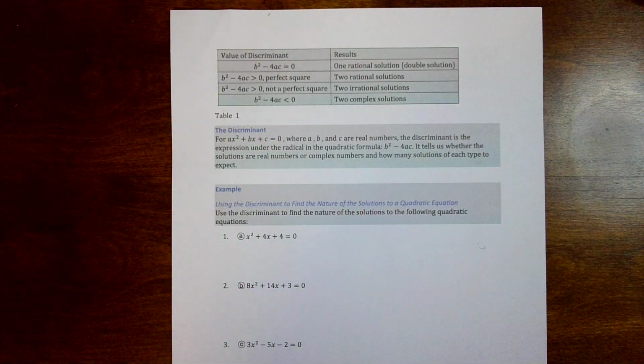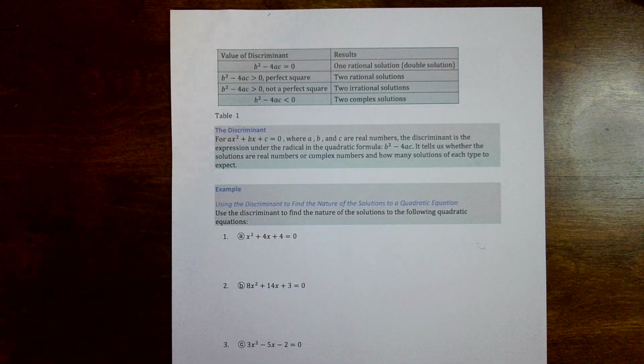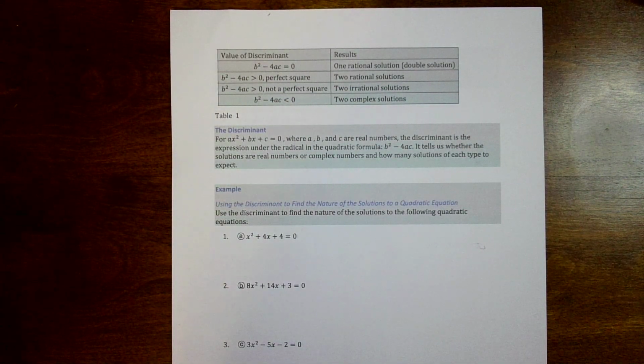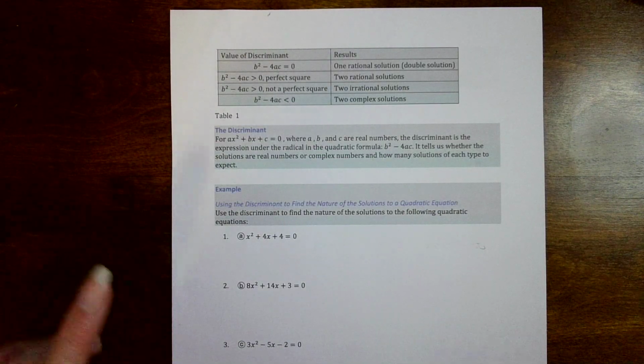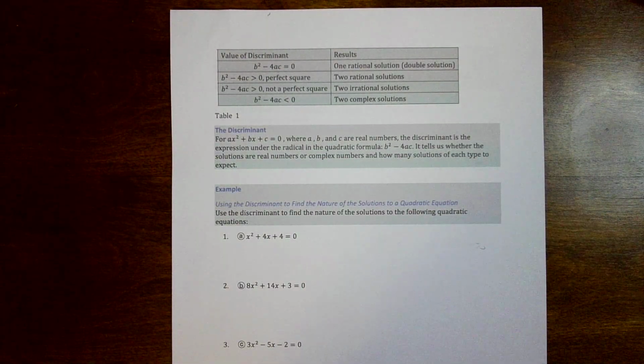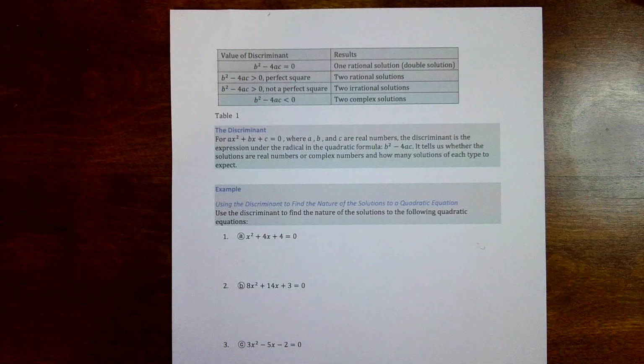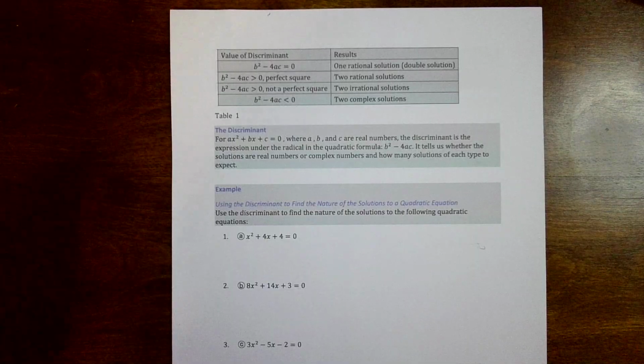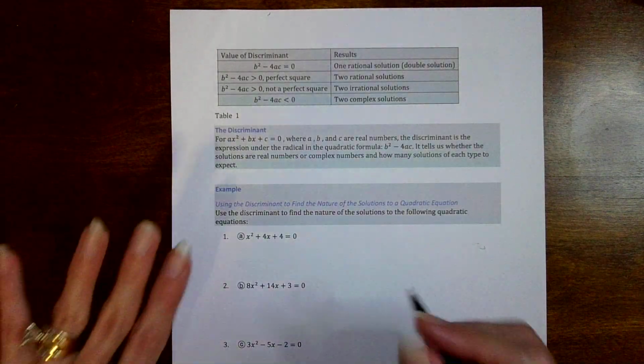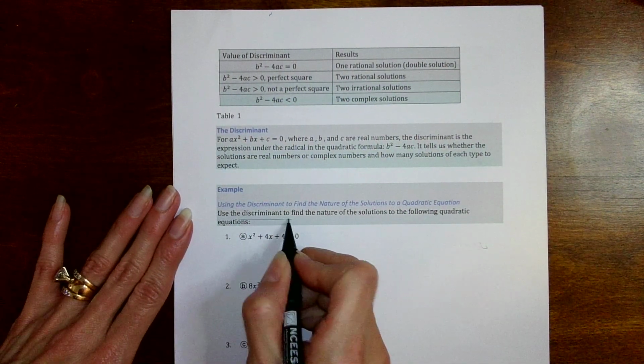You'll either have two rational or two irrational solutions. And if b squared minus 4ac is negative, then you will have two complex solutions. So they're just wanting to know what kinds of solutions you're going to have here. So we just use the discriminant.